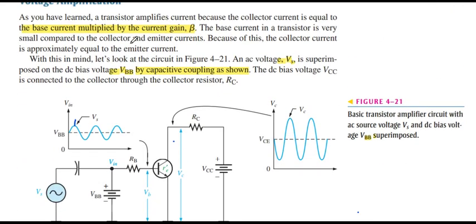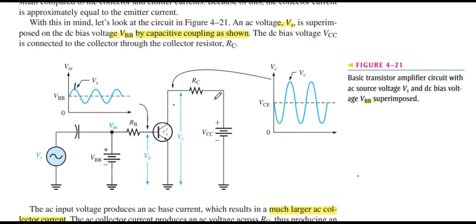Now we discuss the voltage amplifier. There we give this input voltage and we get this output voltage. The input voltage is given to the base and we get the collector current in this form.